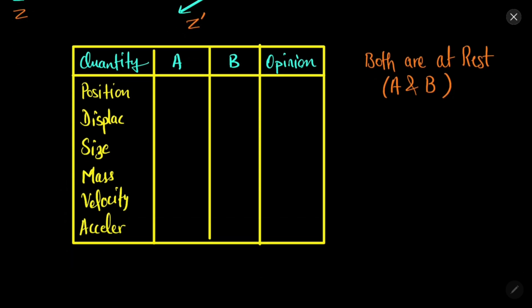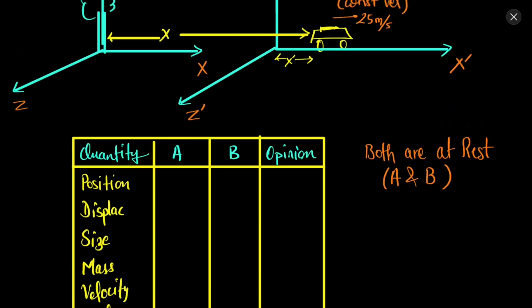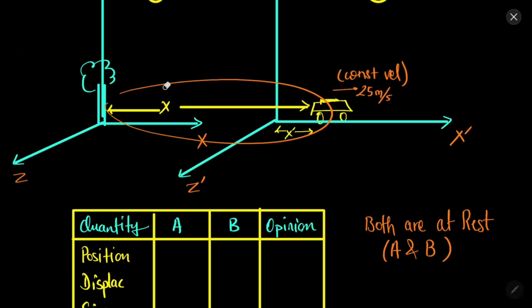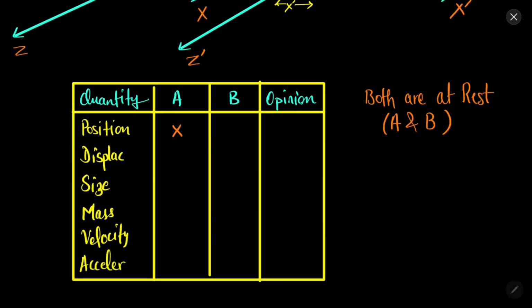Then first of all, will the persons in frame A and frame B agree on the position of the car? Will the distance of the car be the same for both frames? Obviously not. In one frame the position will be x, and in another frame the position will be x dash, so they will be in disagreement.